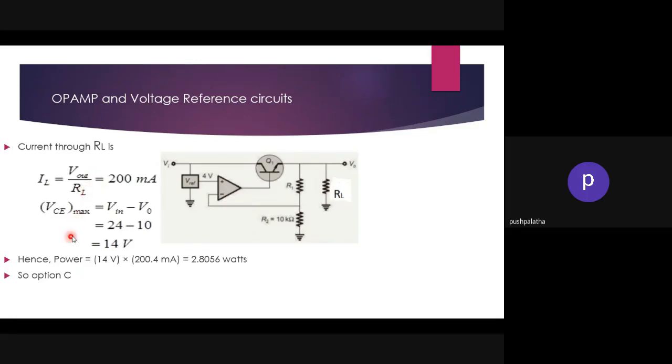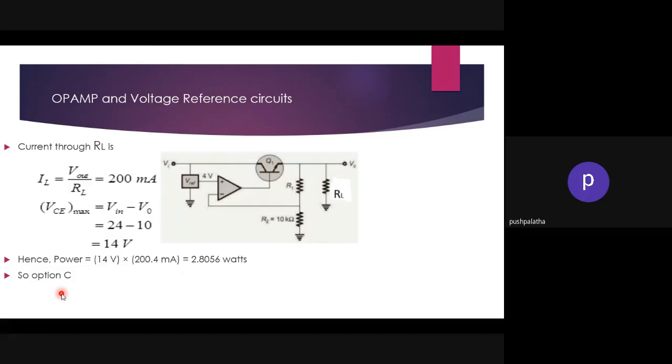VCE max is Vin minus Vout, which is 24 minus 10, around 14 volts. So the power is VCE into IC, which is 2.8056 watts, which is your option C.